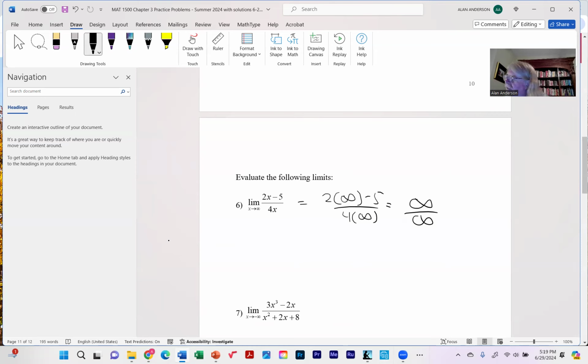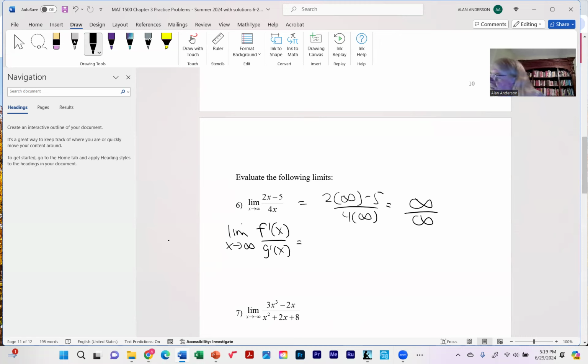So let's do that. Basically what it's telling us is that if we end up with infinity over infinity, all we have to do is take the derivatives of the numerator and the denominator and try again and see if you get a result.